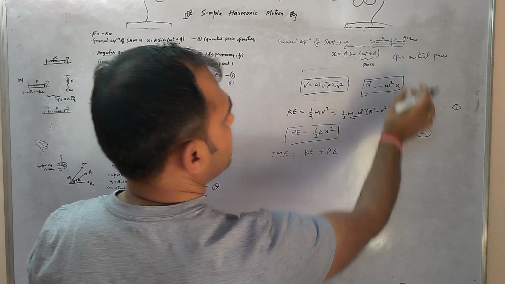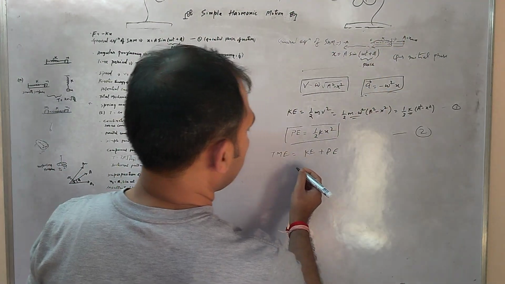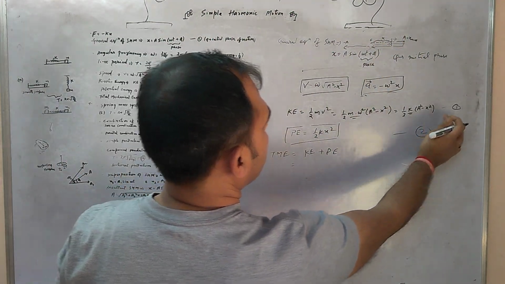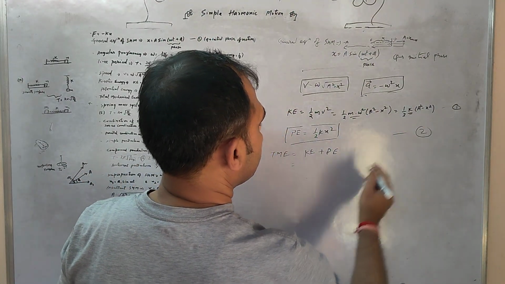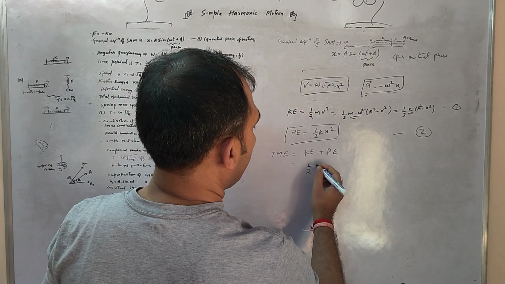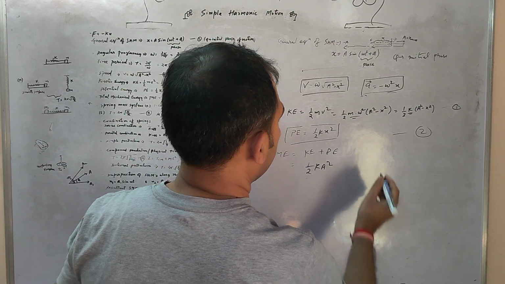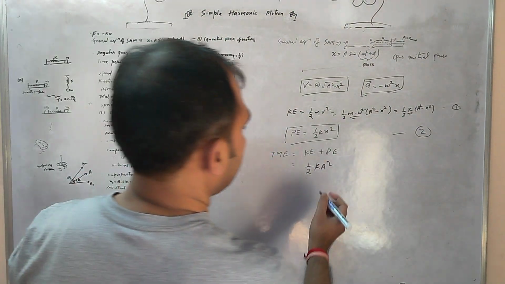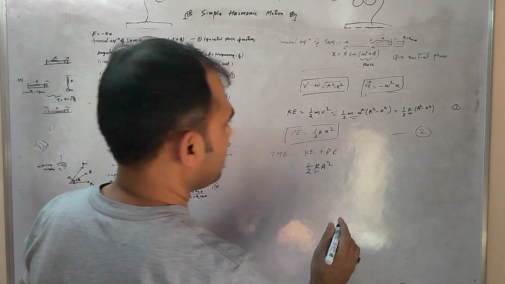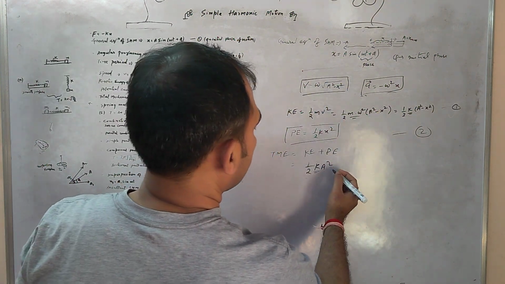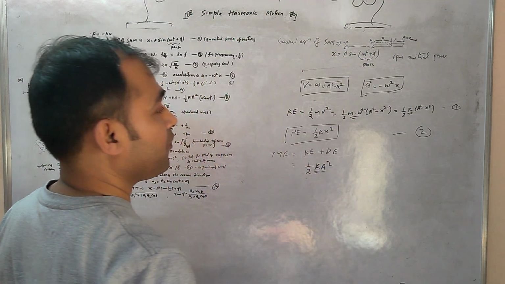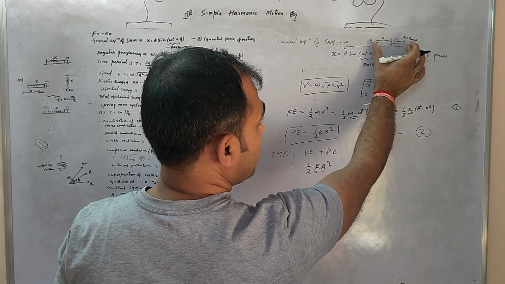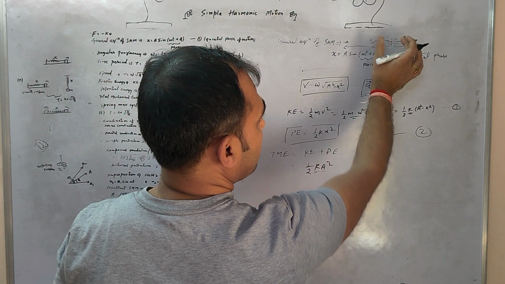Here, adding equation 1 with 2, half k x square will cancel out, and this will be half k a square. See, k is already a constant, the restoring constant, and a is the amplitude, that is also constant for this particular motion.